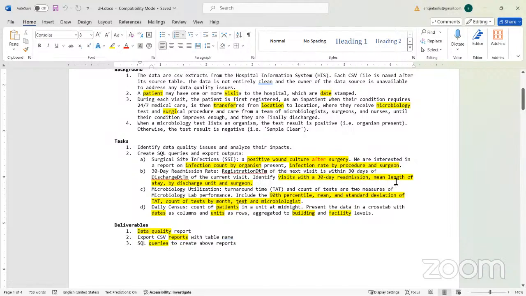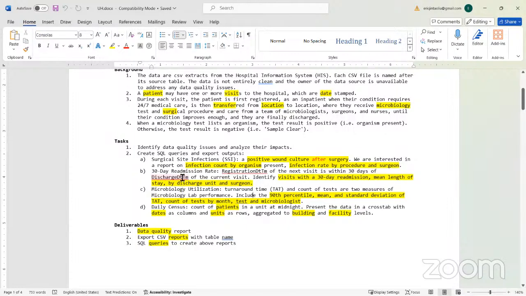And then, 30-day readmission, this is a measure. And the length of stay, the number of days you stay during that visit. So that's another measure. Discharge unit and discharge surgeon, these are the dimensions. Discharge unit meaning the last unit before he was discharged, and the last doctor he saw before he was discharged.